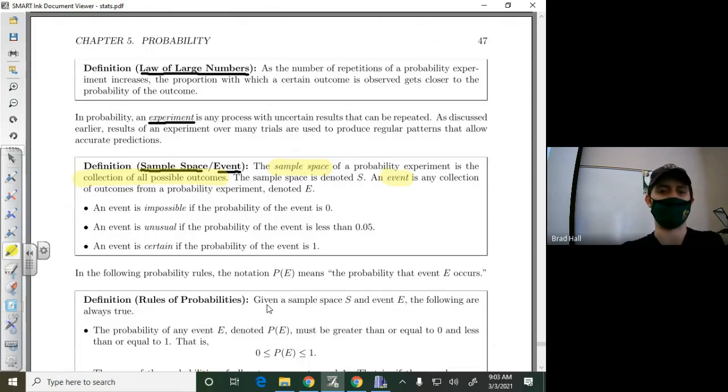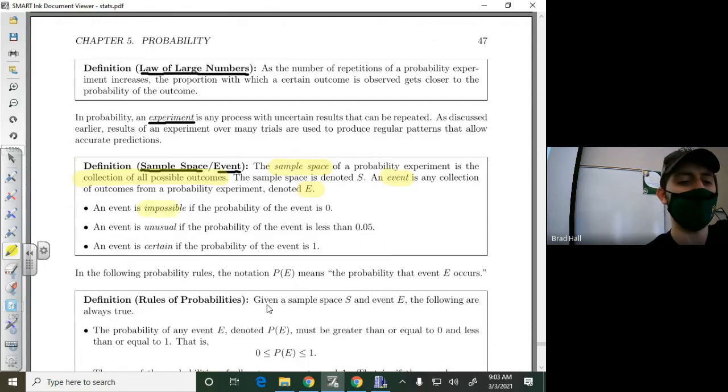Any collection of these outcomes. Generally, an event is denoted as capital E, just for event. So the sample space is all the options. Generally in this class, we'll look at just one event. We don't pound down too much in this class.